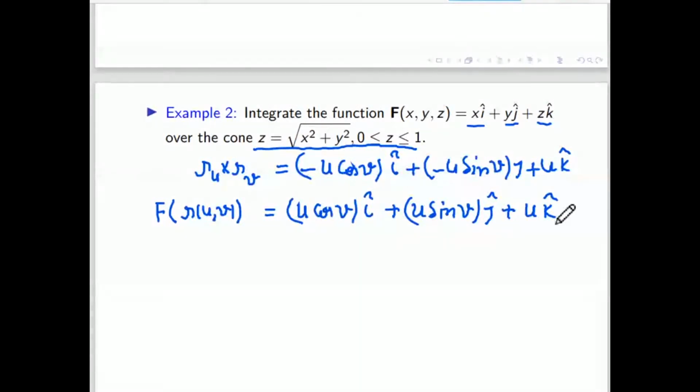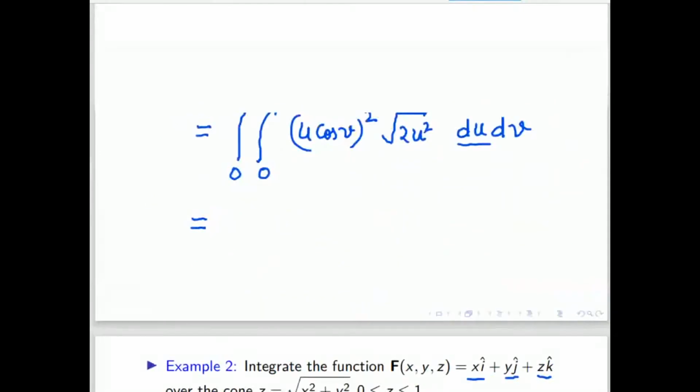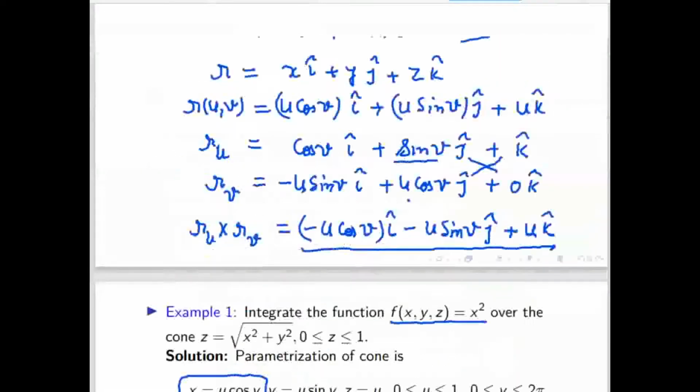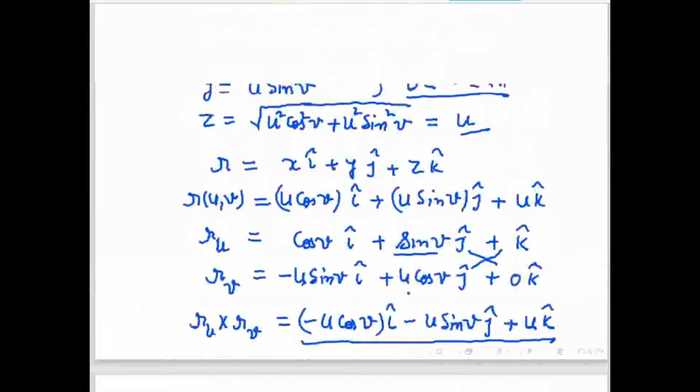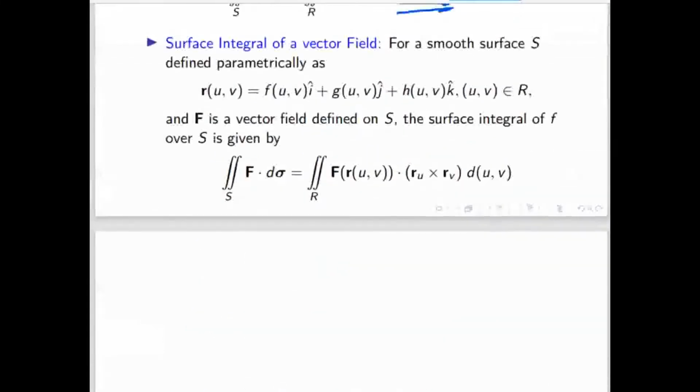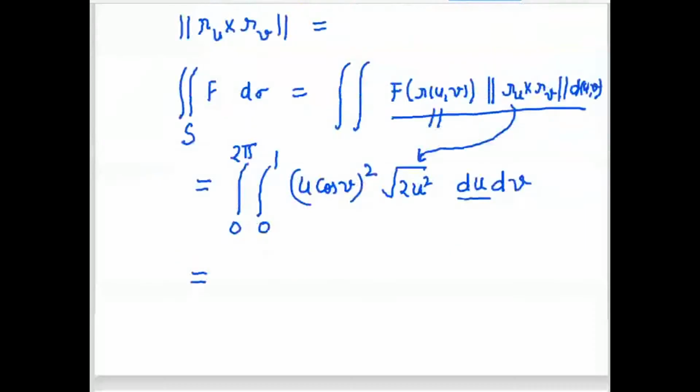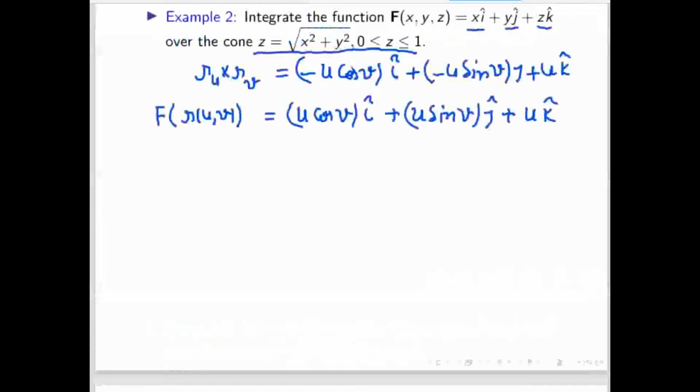Now we'll use the formula for surface integral. So the surface integral formula is f dot product with this, and then du dv. So we'll take the dot product in order to get this surface integral. So the surface integral here, f dot d sigma, will be the dot product of these two.